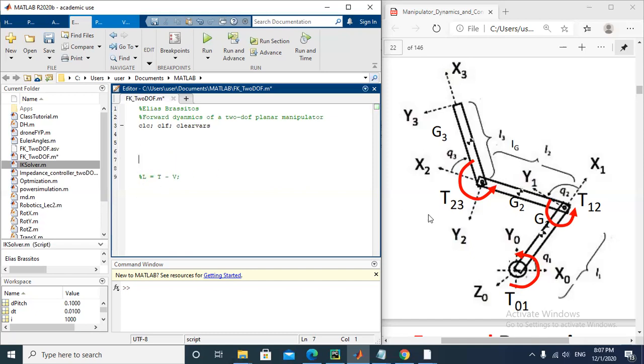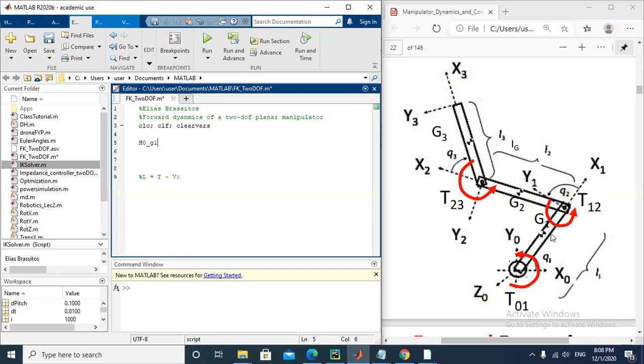In order to do that, obviously we need to have the position. How do we get the positions? We're going to use our homogeneous transformations. So I'm going to define my frames. Let's do H0 to another frame, and let's call it frame G1.